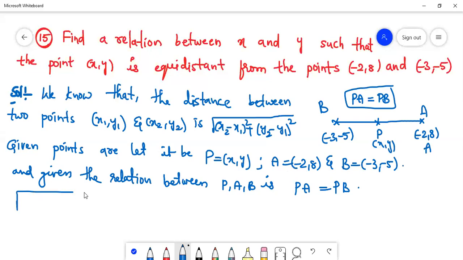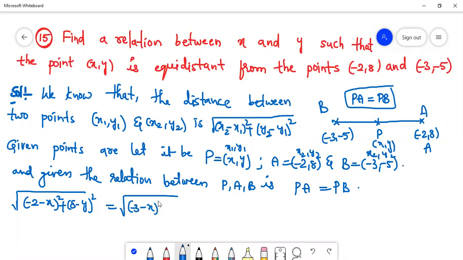Here we can take under root of, P as x1, y1 and A as x2, y2. Then we can apply x2 minus x1, that is (-2 minus x) whole square plus (8 minus y) whole square is equal to under root of, here we can take x2, y2, that is (-3 minus x) whole square plus (-5 minus y) whole square.